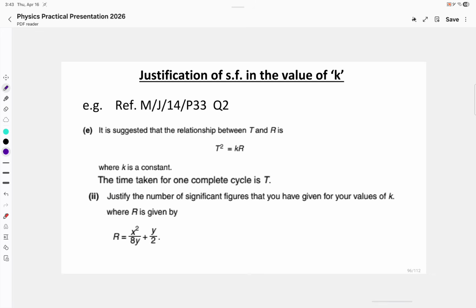Similarly, another idea, thank God there is a reference: May June 2014, paper 23, question number 2. Here there is an additional part for dealing with the K factor.